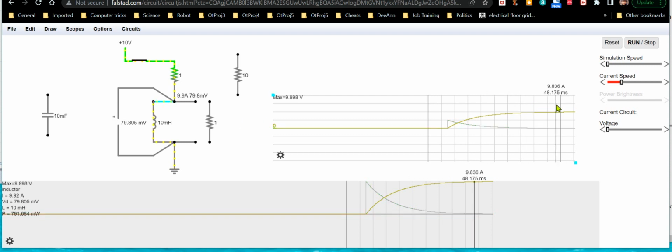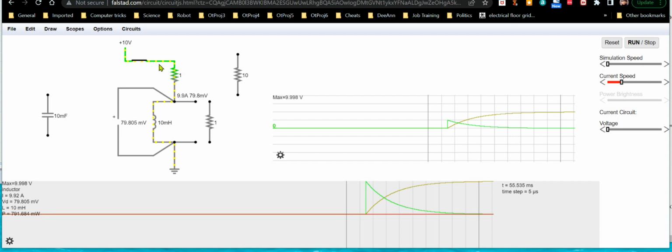But at any rate, right now with an inductor, we've got a fully charged up field. Its current is sitting here at 10 amps with 0 volts across it. Because again, when we first close the switch, an inductor will start with a voltage across it equal to the source we're applying.